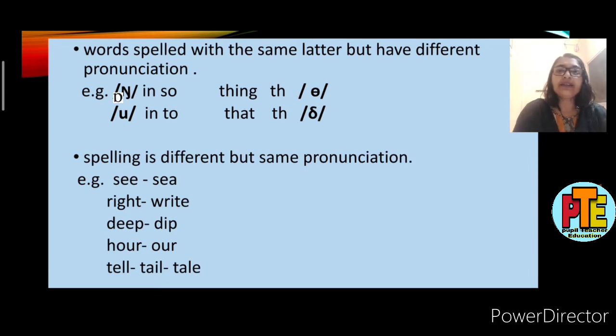You will also find some words which are pronounced almost the same way with little difference in vowel sound, like see, sea, right, write, deep, dip, hour, our, tell, tall.